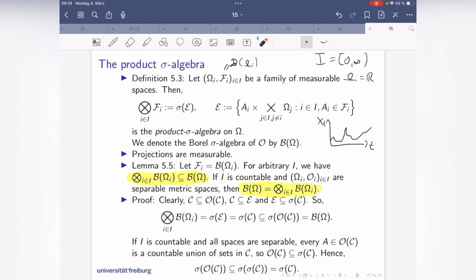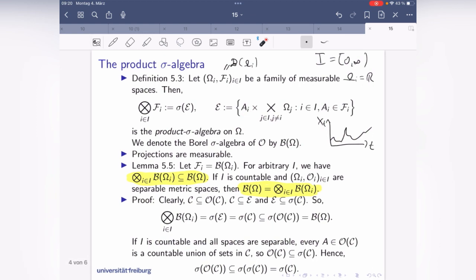Okay, that's not so hard to prove, actually. But one thing, let's look at this here first. Let's look at the left-hand side. I'm generating the sigma algebra from this set, and this set here differs from the full set only at one coordinate.